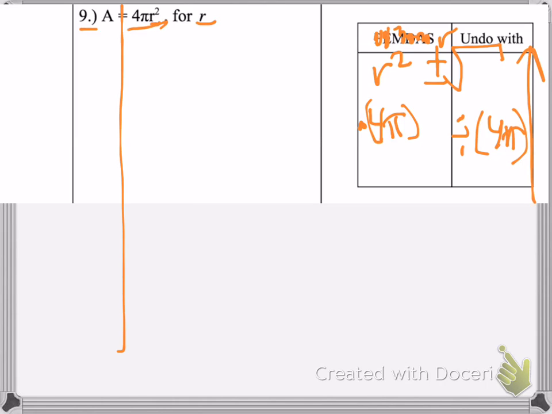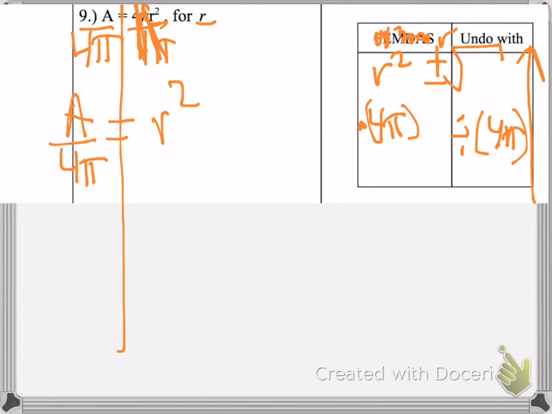So if we divide both sides by 4 pi, we have a divided by 4 pi equals, well, 4 divided by 4, that cancels. Pi divided by pi, that cancels. We're left with r squared.